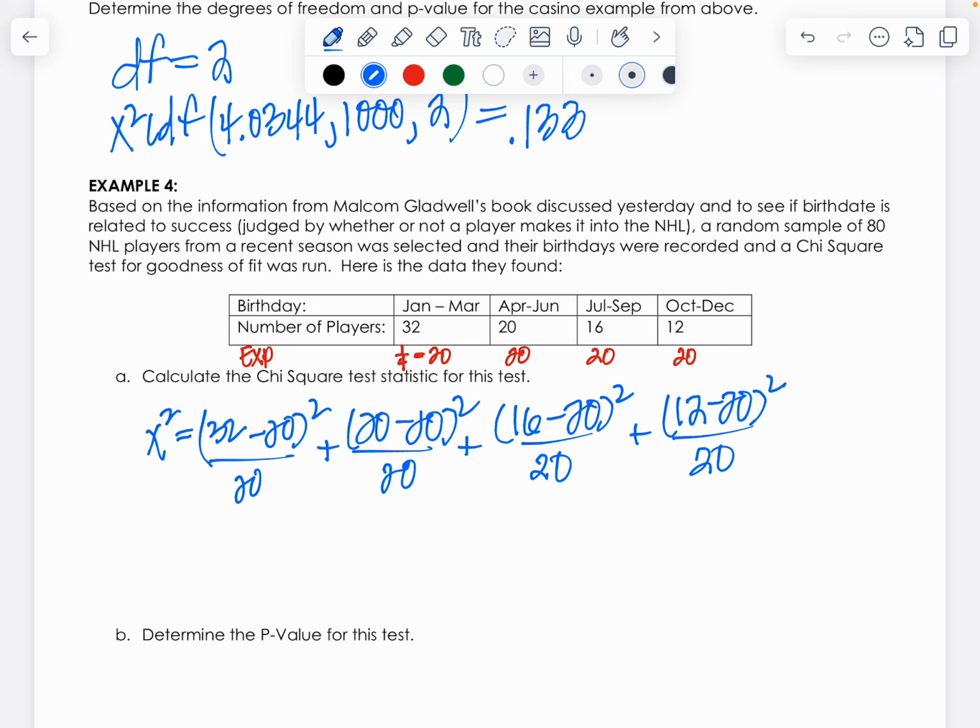So 32 minus 20. Sometimes I shorten that and say, well, I know that's 12 squared over 20 plus, the next one's 0 because 20 minus 20, that's 0.